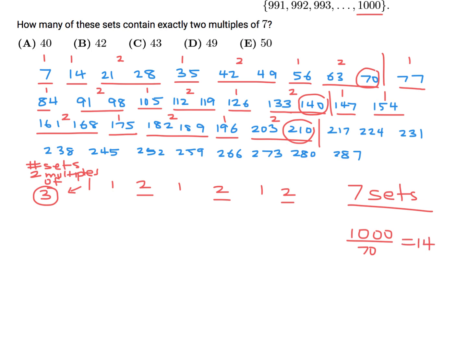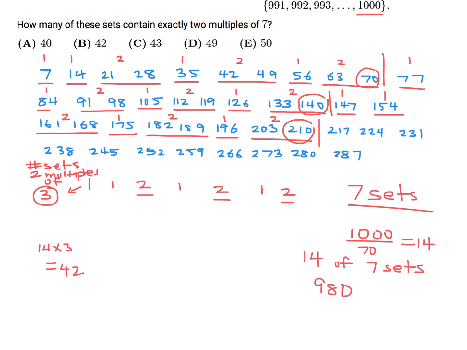So that's a total of 14 of those 7 sets. Each 7 set has 3, so 14 7 sets would have 14 times 3, which is 42. Now remember, 14 times 70 is only 980.